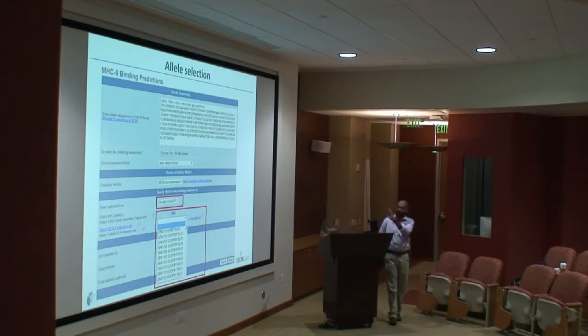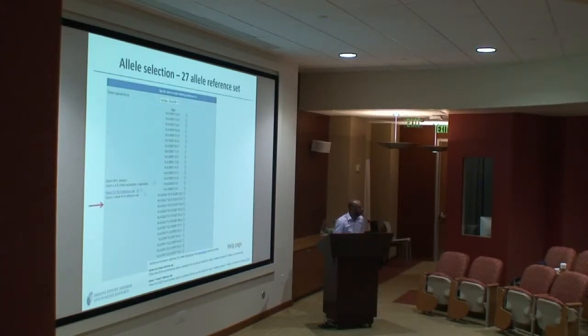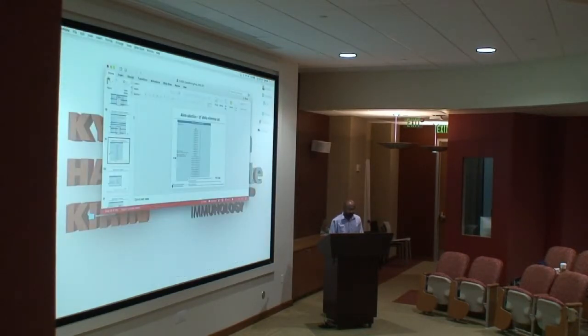All the other alleles that are available for prediction, you will get on the drop-down menu. If the allele's not on the drop-down menu, then it's not available. I looked for 1402, for instance, DRB1 1402, and I'm not sure that I found it. Are you showing the pan predictions in a second?